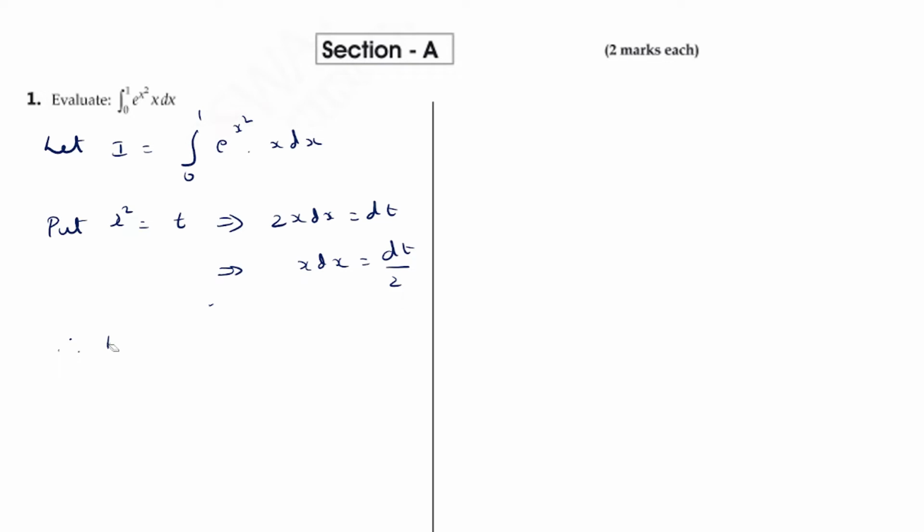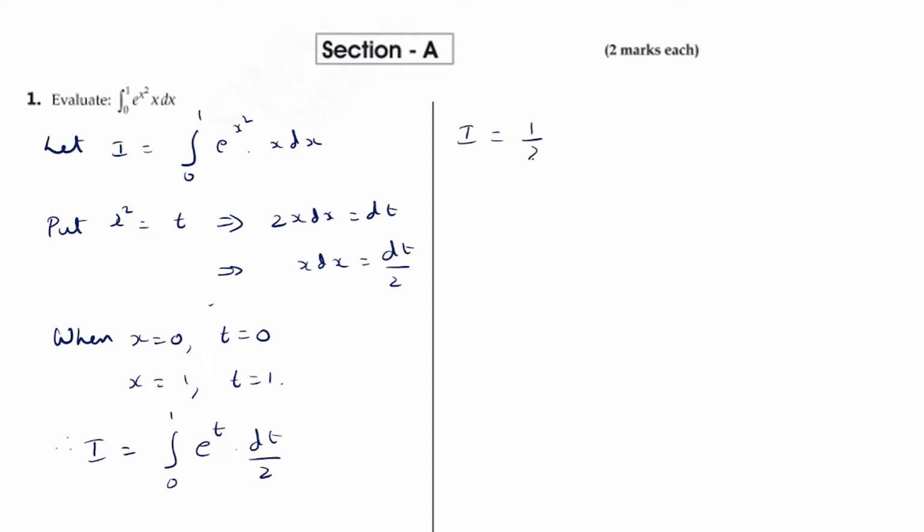Therefore, we should also change the limits. When x is equal to 0, t is equal to 0, and when x is equal to 1, t is also equal to 1. Therefore, I is equal to the integral from 0 to 1 of e raised to t into dt by 2.